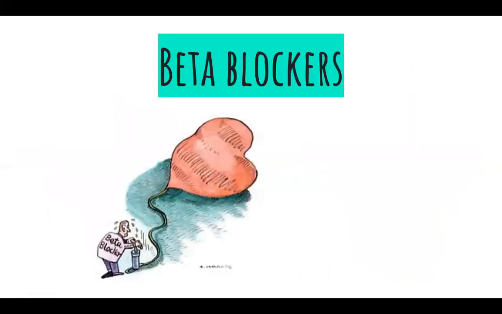So again, just that picture about BPH to give you a visualization. Okay, so we're on to beta blockers. Before we start this portion, I want you to think, what did a beta-1 agonist do? So a beta-1 agonist.